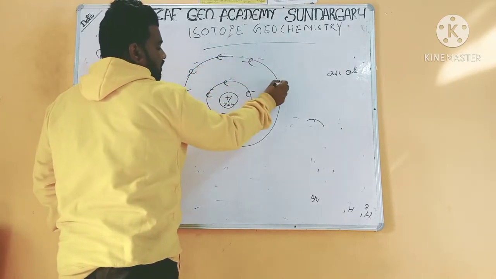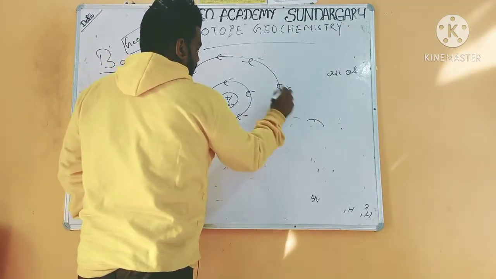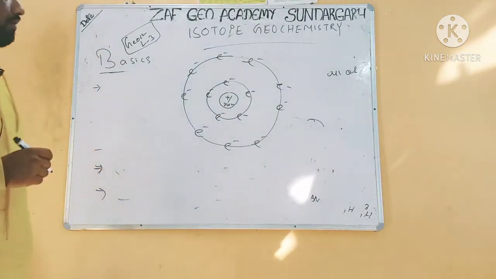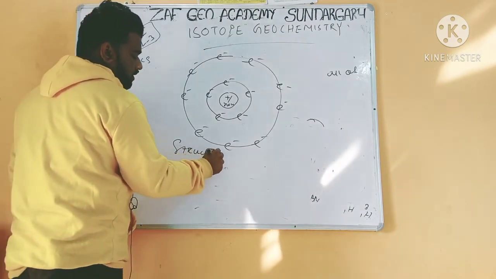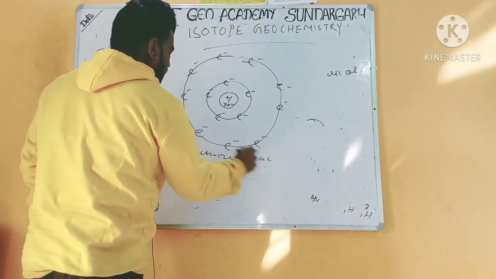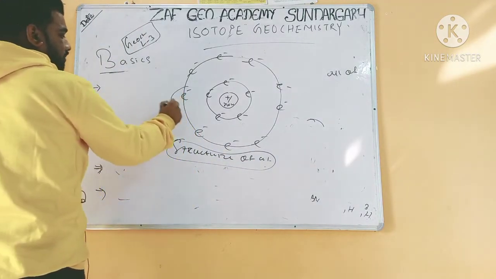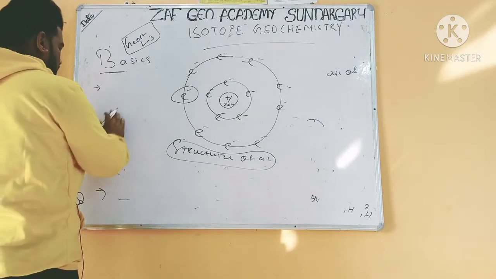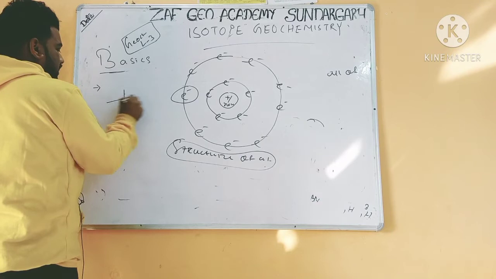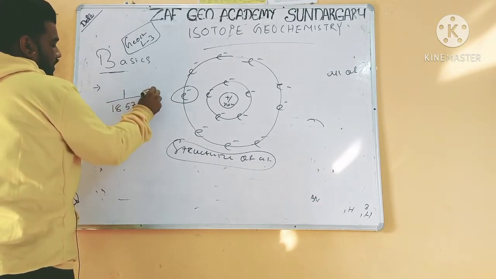Electron clouds are there. So this is the structure of an atom. Electrons also have negative charge, and they are nearly massless; the mass is 1/1857 of the mass of a proton.